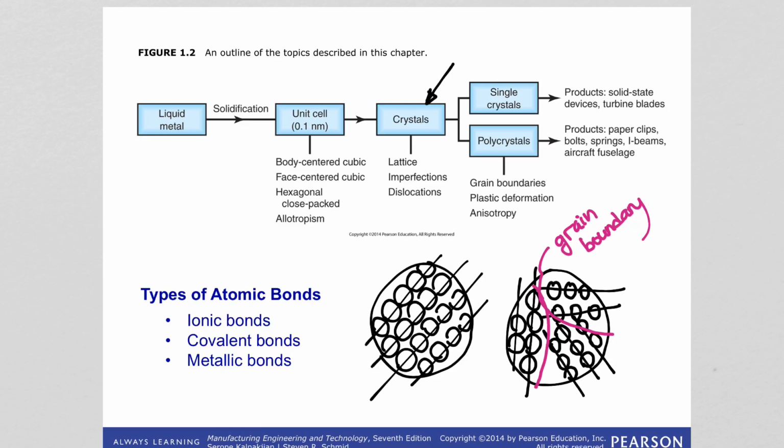So we have now 3 grains, and all the atoms in these grains are aligned in different directions. So this is then many, meaning polycrystal, right? And then this is a single crystal.